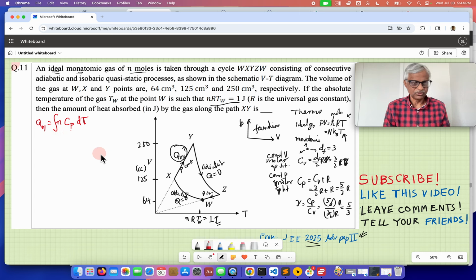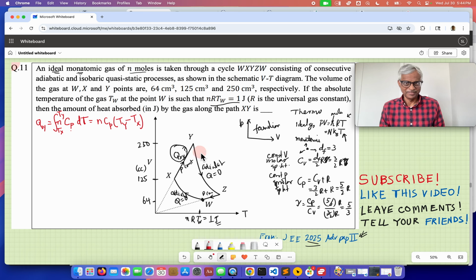I need to integrate over this. Okay. Go from X to Y. Now these guys are constant, and so it will simply be n Cp times (T_Y minus T_X).